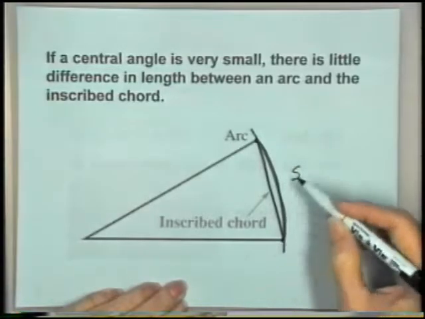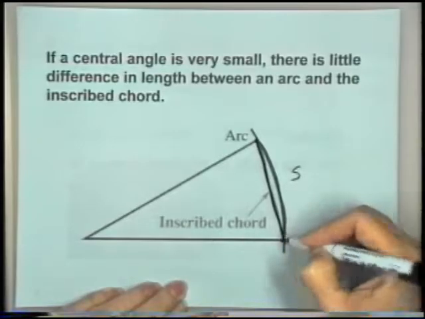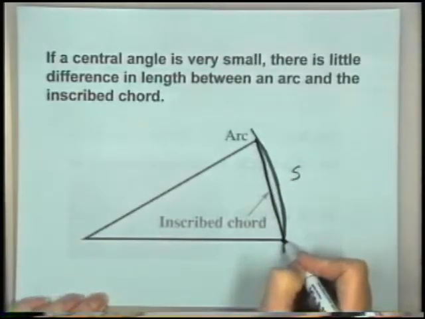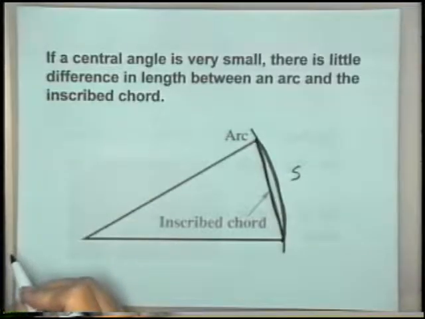And so this distance represents my arc length, but the straight line that connects these two intersection points is called the inscribed chord.